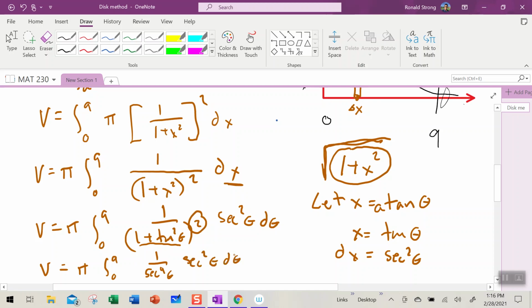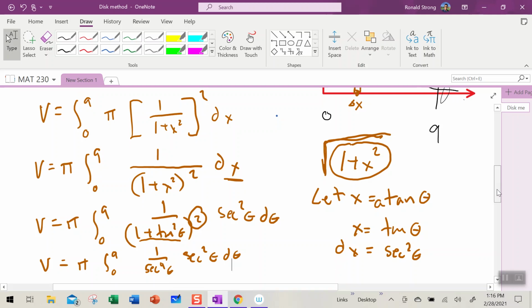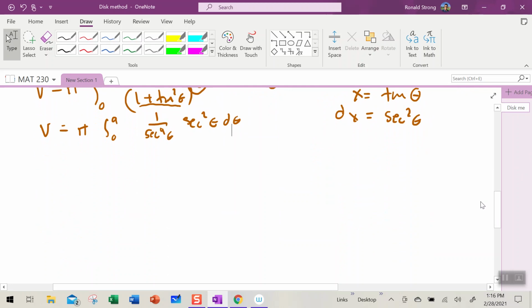You can see that a lot of secants are going to cancel out. We're going to have volume equal to pi times the integral from 0 to 9 of 1 over secant squared theta d theta, because 2 of these cancel with 2 of those 4. But I'm going to change that even more.